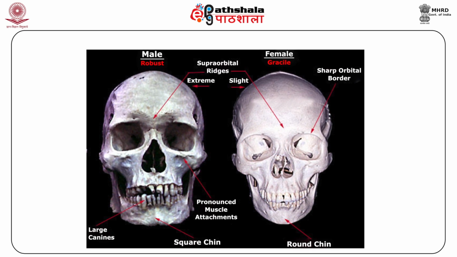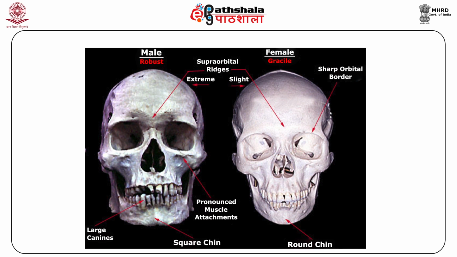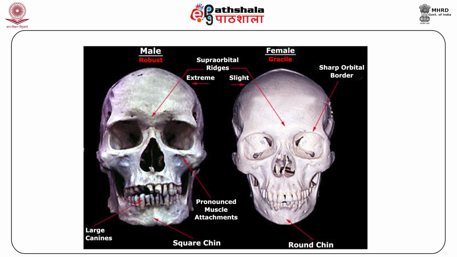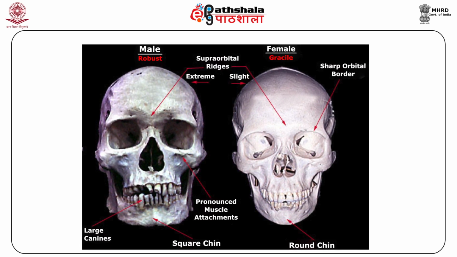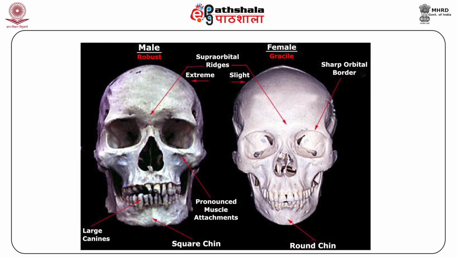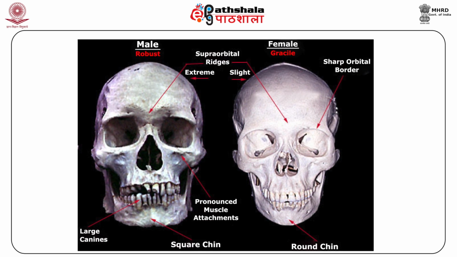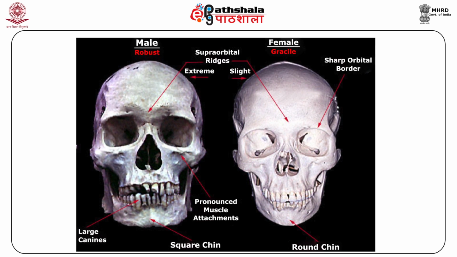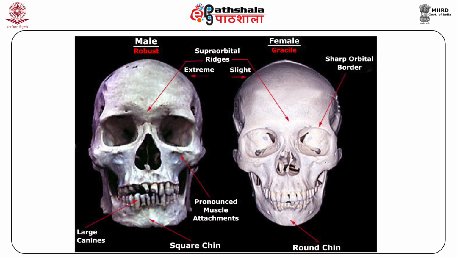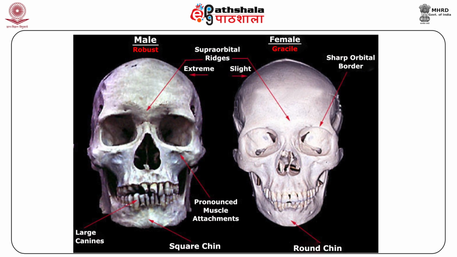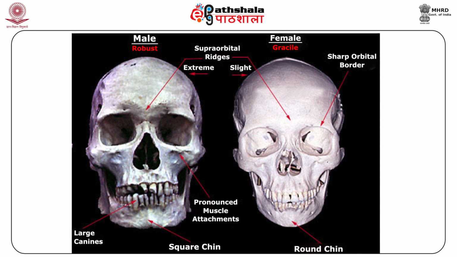The supraorbital ridges in the male skull are medium to heavier, whereas in females the supraorbital ridges are smaller to absent. The orbital sockets in male skulls are roundish or squarish in shape, whereas in the female skull the orbital sockets are almost roundish, and in females these sockets have a sharp border.